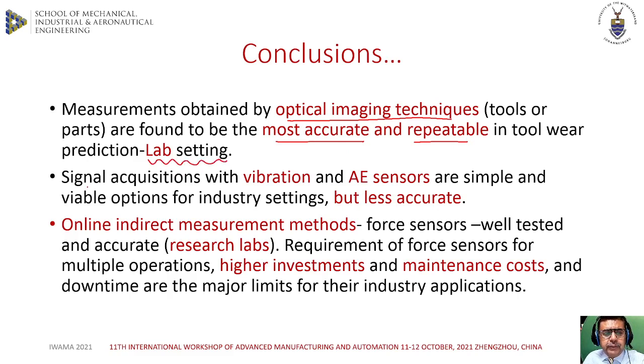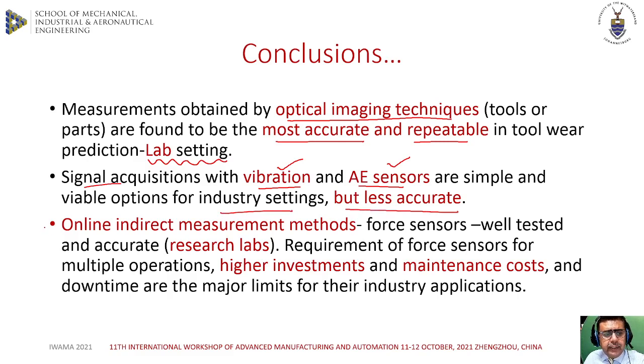Now coming to signal acquisition, vibration and acoustic emissions: the vibration information and the information obtained by acoustic emission sensors are easy to obtain in the industrial setting. So they have great potential for tool condition monitoring, but at the same time they are less accurate.